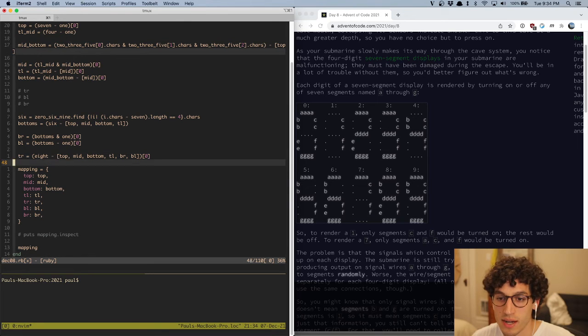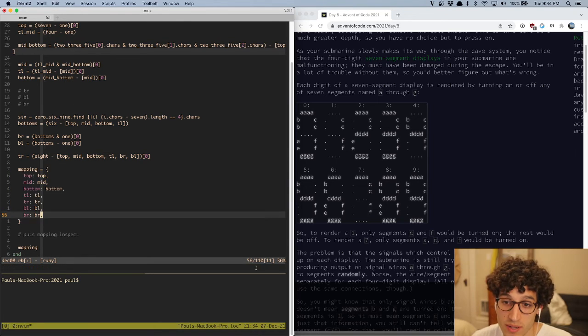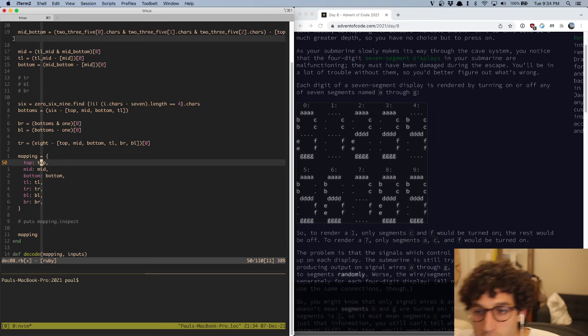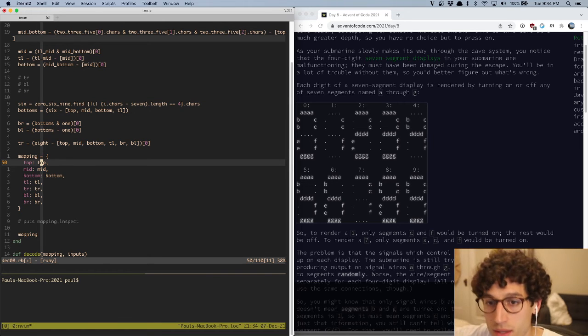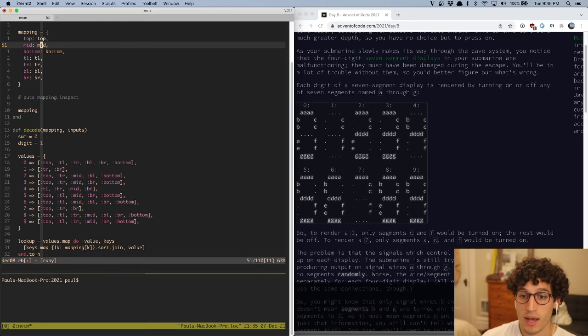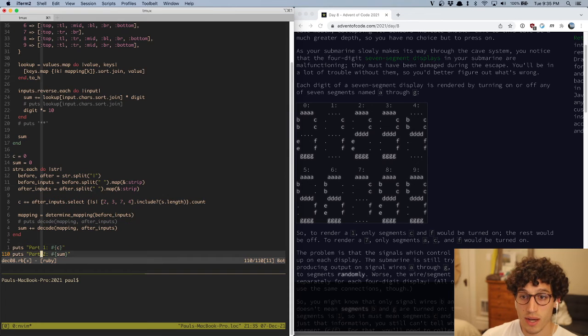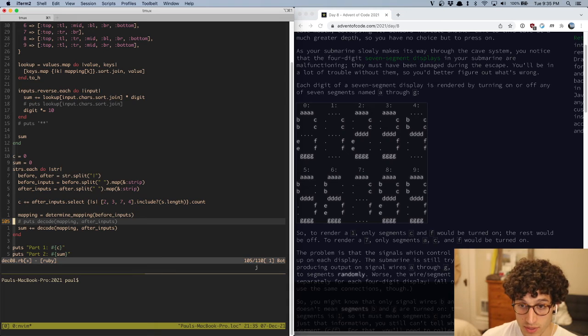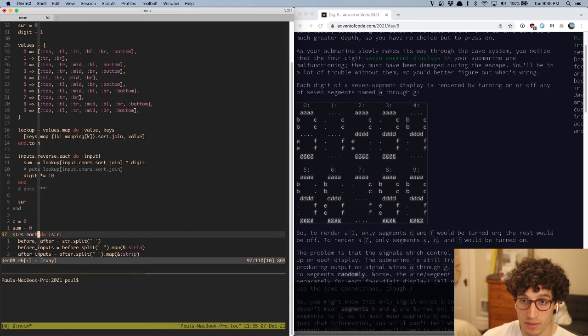So then I have the mapping from top, mid, bottom, top left, top right, bottom left, bottom right. Processing the input is pretty simple. I get the mapping for the inputs, and then I decode the mapping.